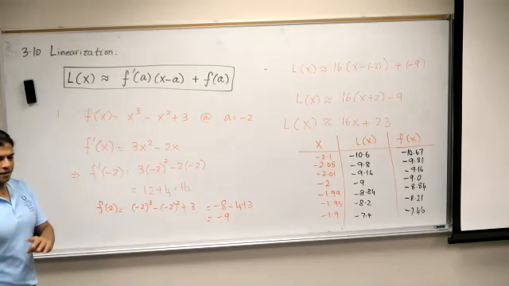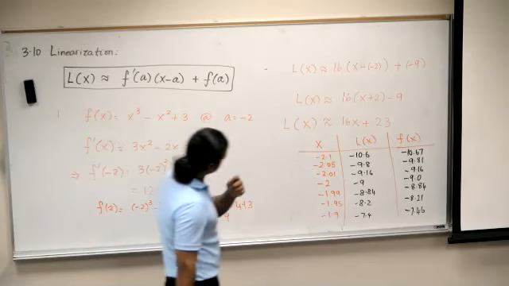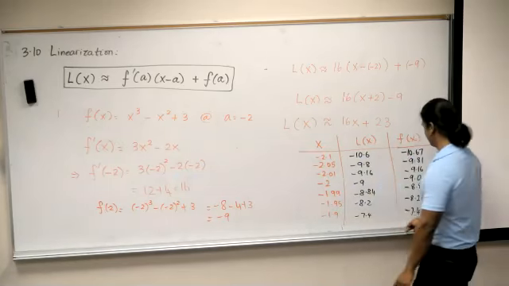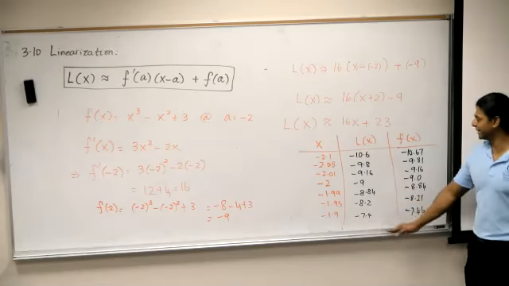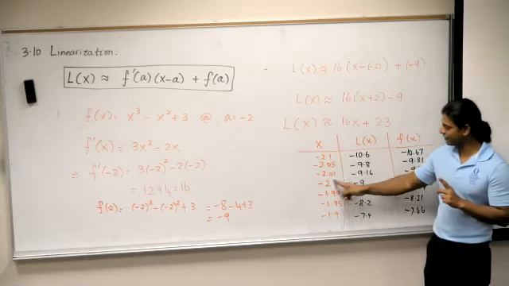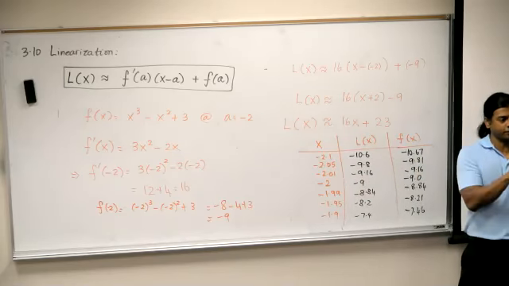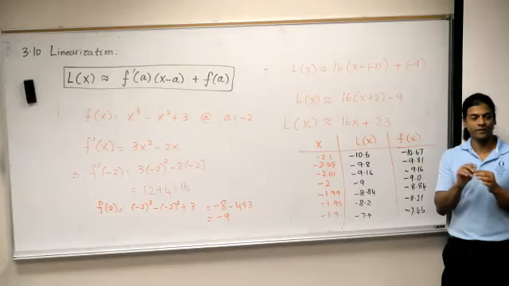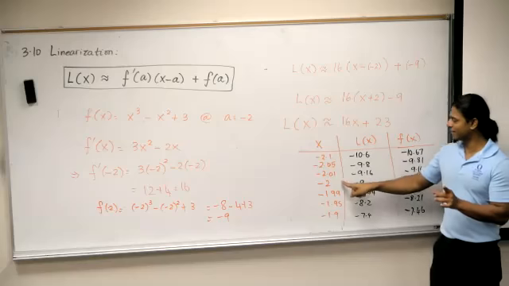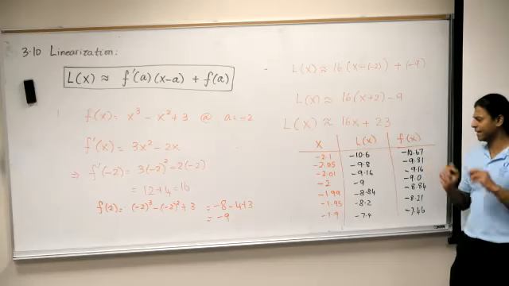Did the approximation do a good job? Yes. It's not the exact value, but it is an approximation. What we're trying to say is, instead of having infinitely many points to define this function between -2 and -2.01, I can just use these 6 points to approximate in the neighborhood.